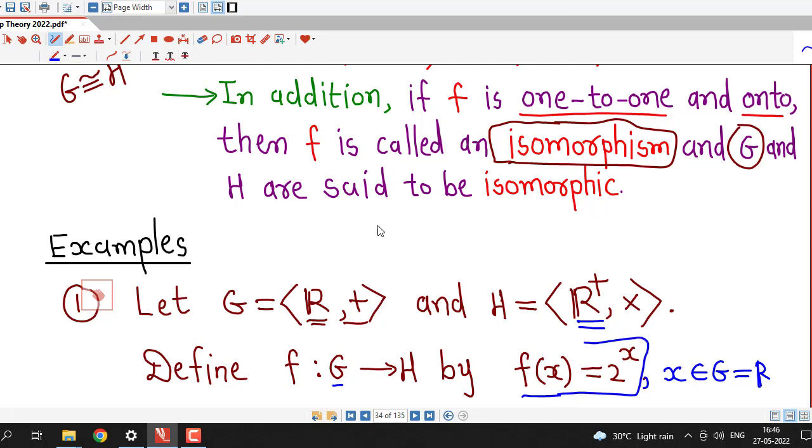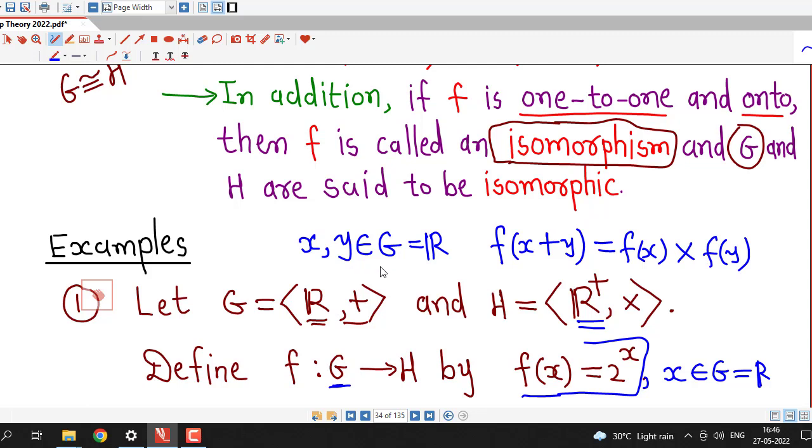We want to check whether this is a homomorphism or not. This function is a homomorphism if, for any two elements x and y in the domain, which is G, the set of real numbers, f of x plus y is equal to f of x into f of y.